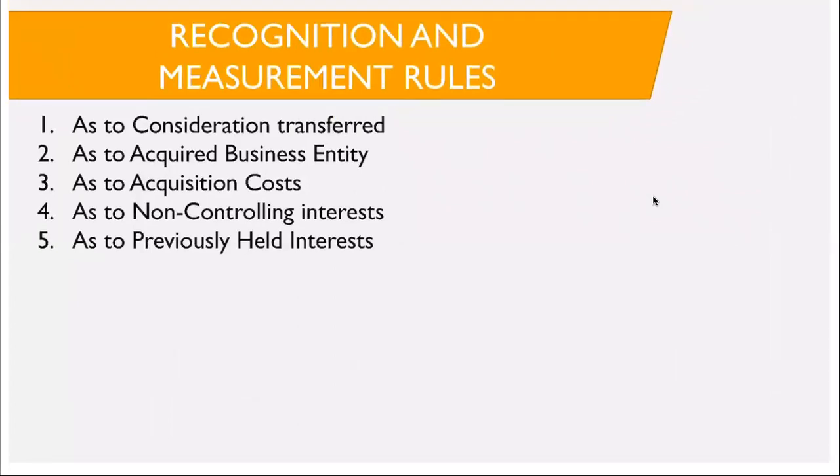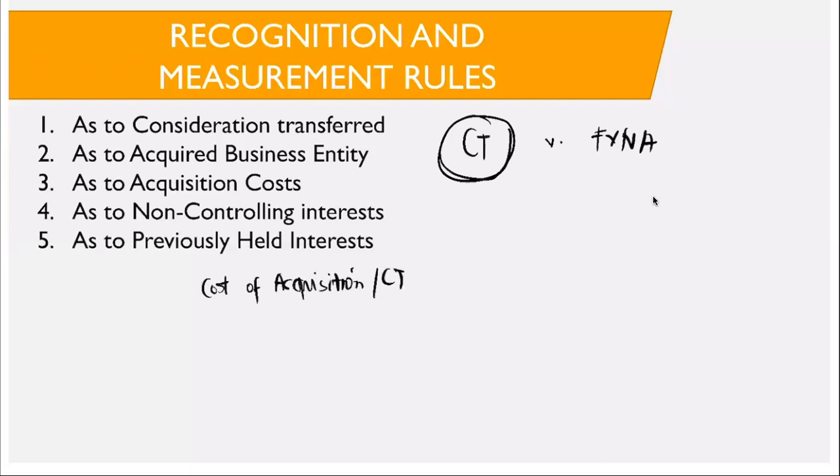So take note, we need to know our consideration transferred versus our fair value of net assets. Okay. So what composes your consideration transferred? Actually, your consideration transferred is composed of the following items. First, your cost of acquisition or consideration transferred.